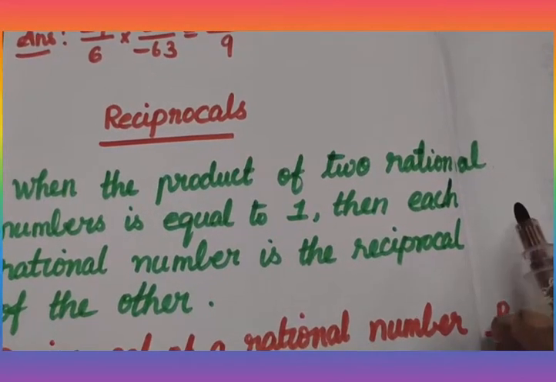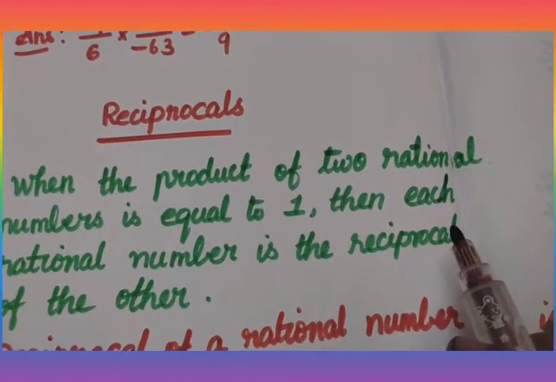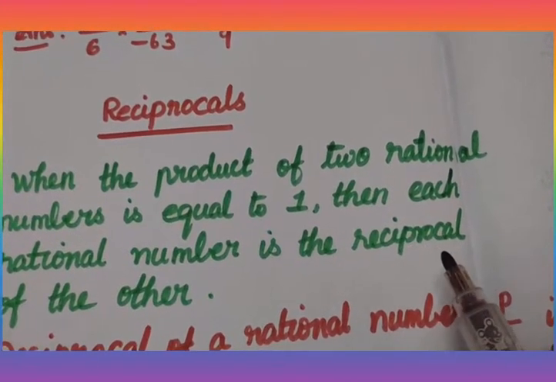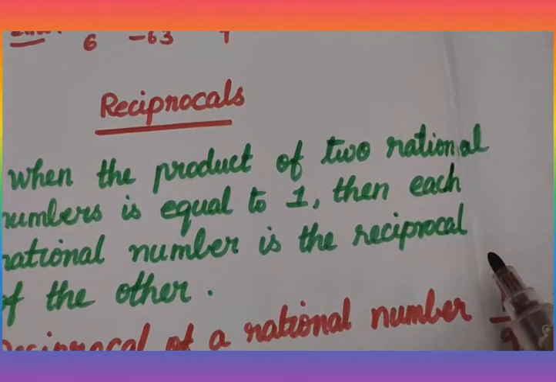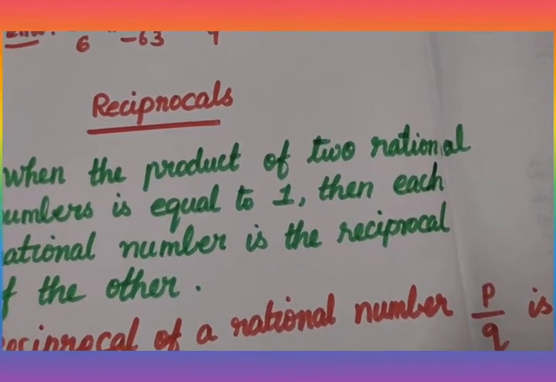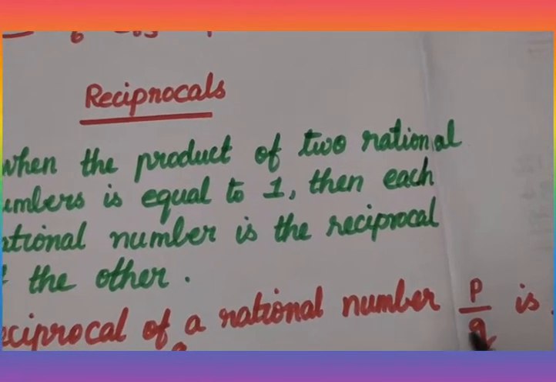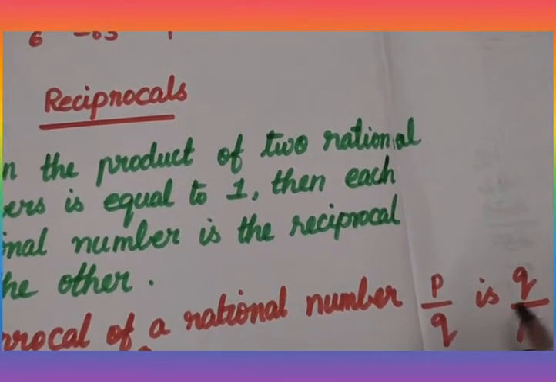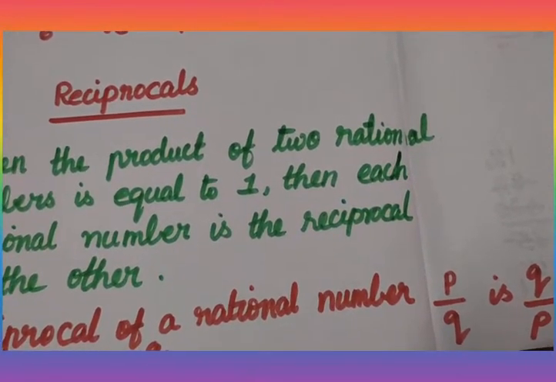The next is reciprocals. When the product of two rational numbers equals 1, then each rational number is the reciprocal of the other. That means the reciprocal of a rational number p by q is q by p. Just inverted.